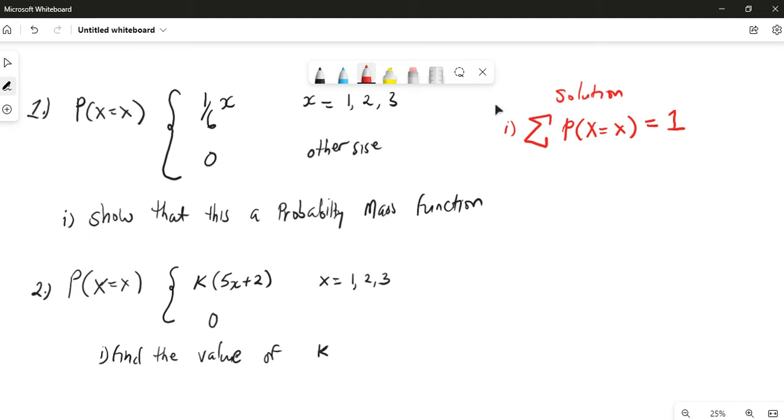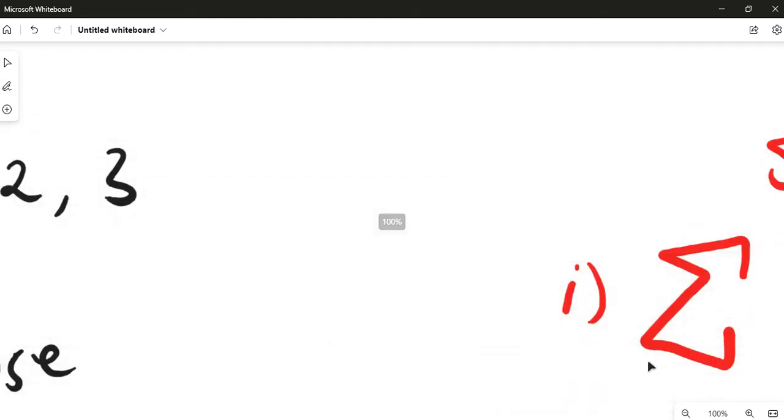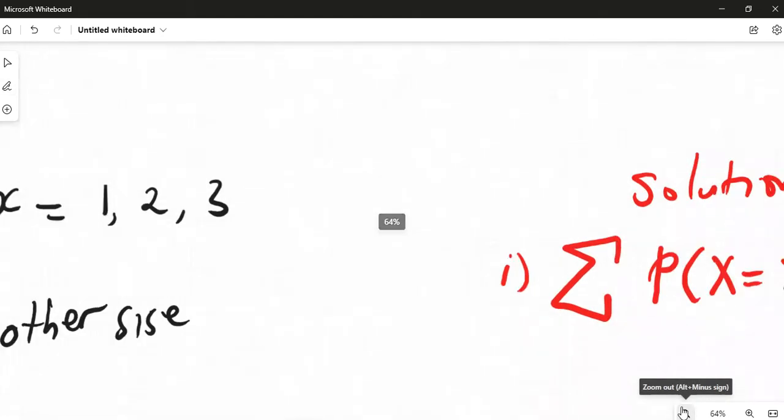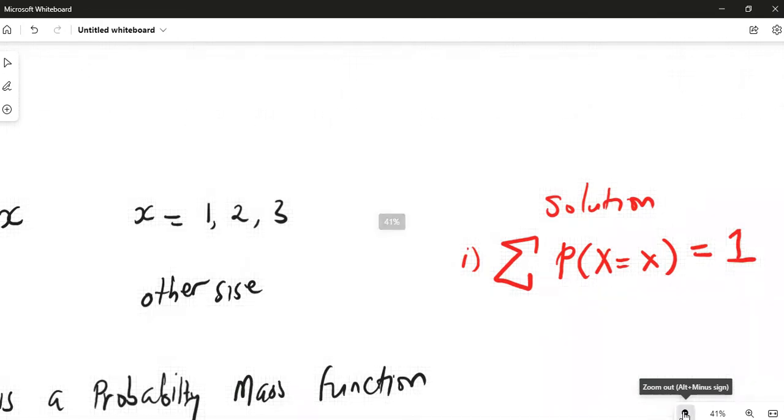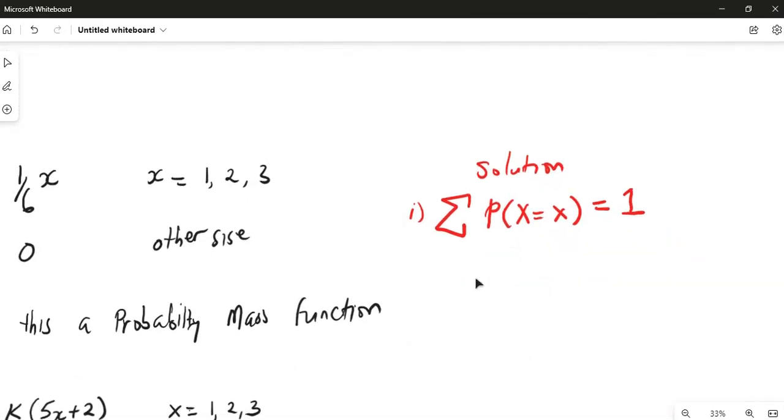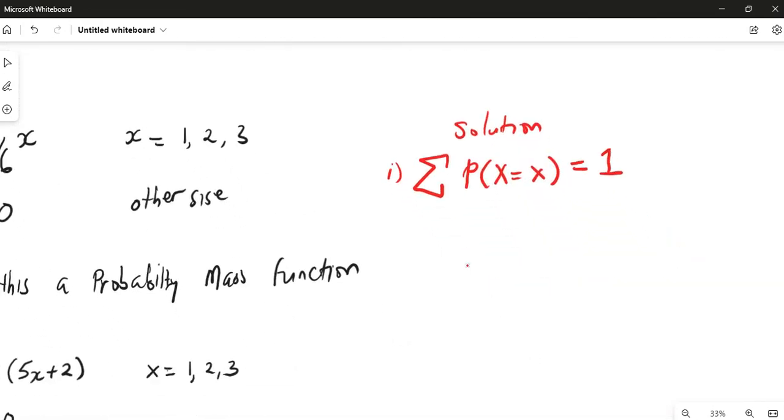So let's make a discrete probability distribution for this. Here we have our random variable. It's a random variable because it can take any values in an experiment. Then we have our probabilities here.